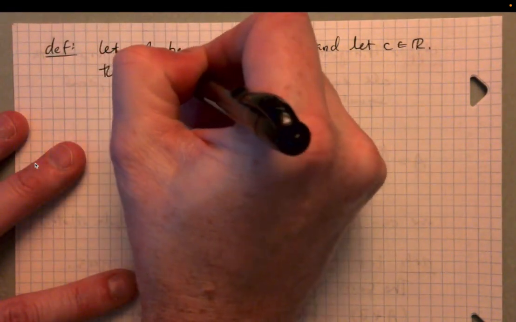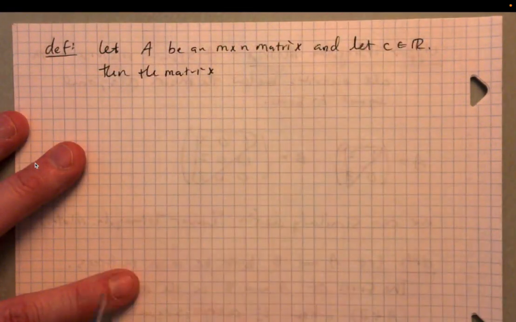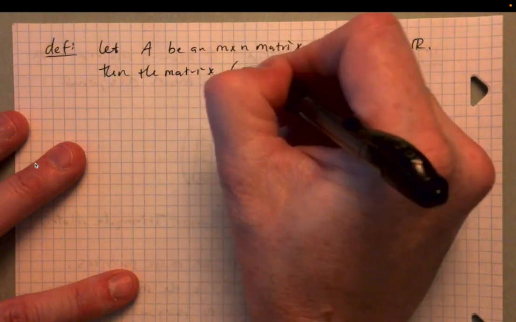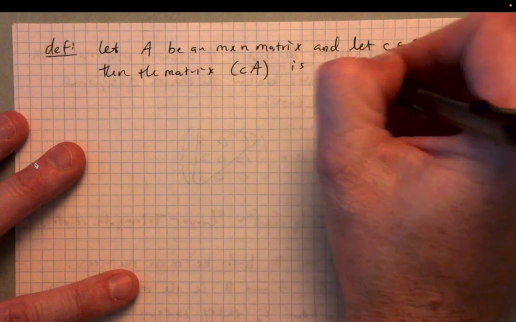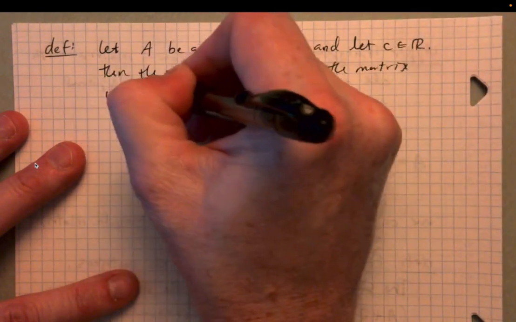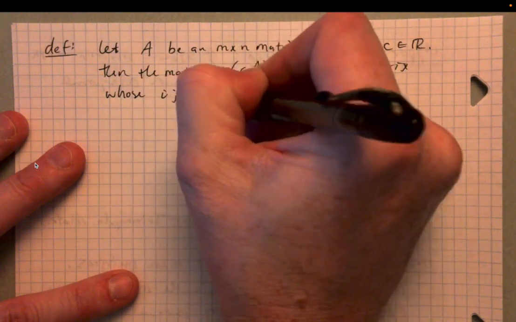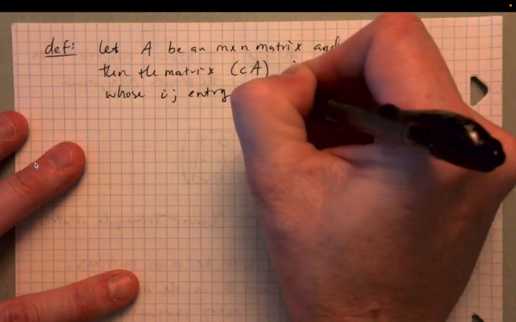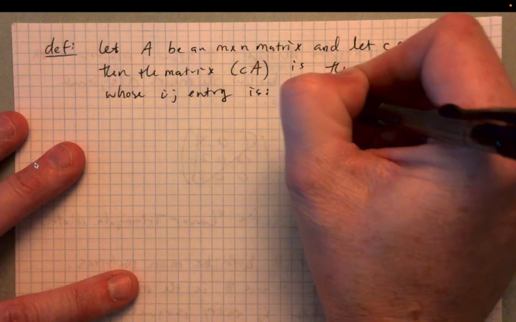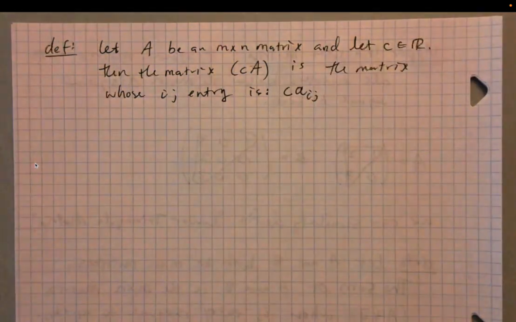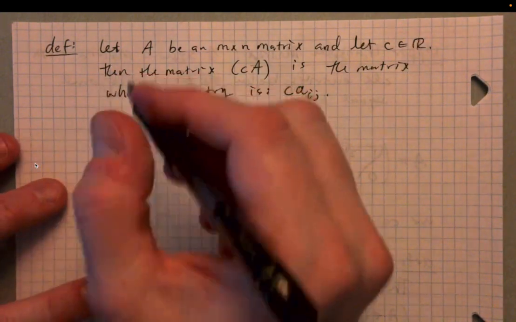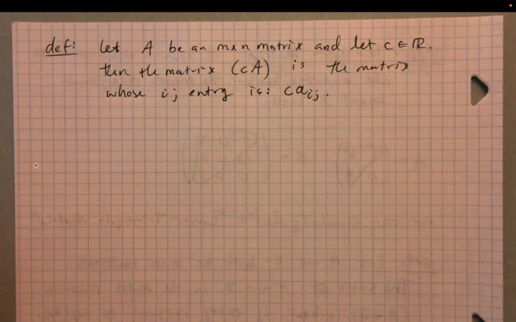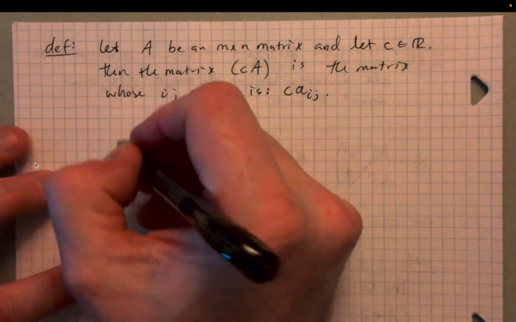Then the matrix, which we'll denote by C times A, is the matrix whose ij entry is C times Aij. Okay, and so basically scalar multiplication for matrices works exactly like scalar multiplication for vectors.